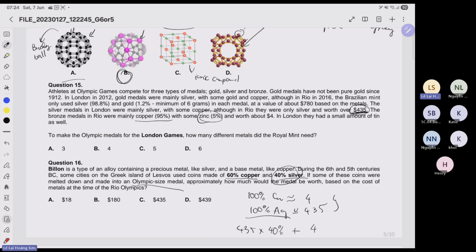I know that it will have some zinc, but we can assume that because the amount of copper now is almost 100%. Four times 60%, and you add up everything together. Then it will give you the number 176.4, which is roughly $180. So the answer is B. Question number 16 is B.